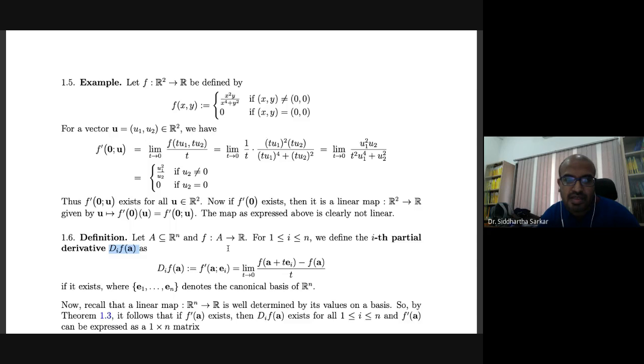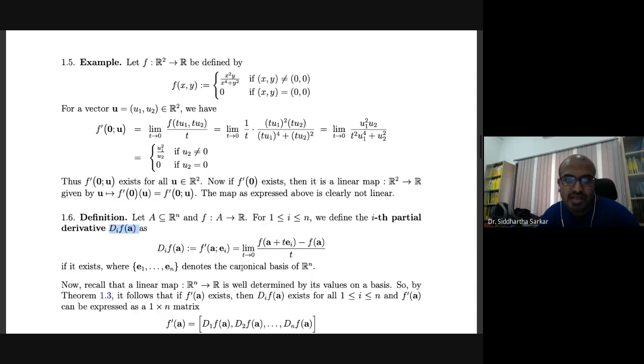This is exactly the same thing. So how do I see this? What is DiF(a)? DiF(a) is nothing but the directional derivative along the ith axis at the point a. By definition, this is just f of a plus t times ei minus f(a), divided by t, where the ei's are the canonical basis vectors of Rn.